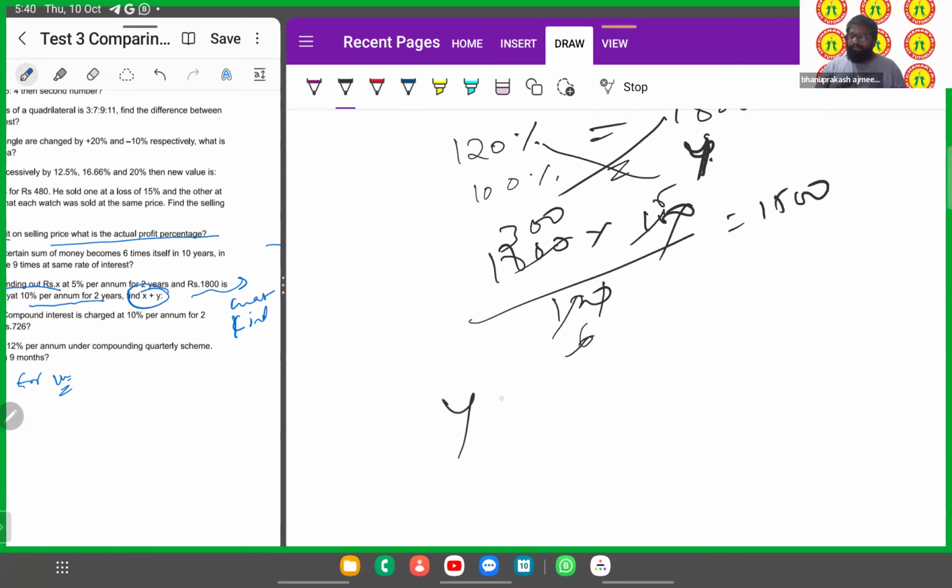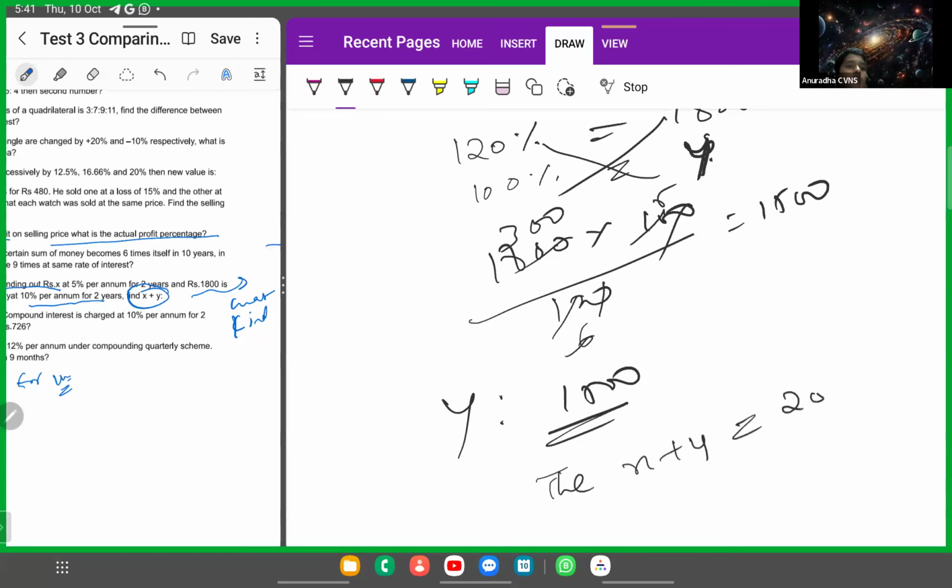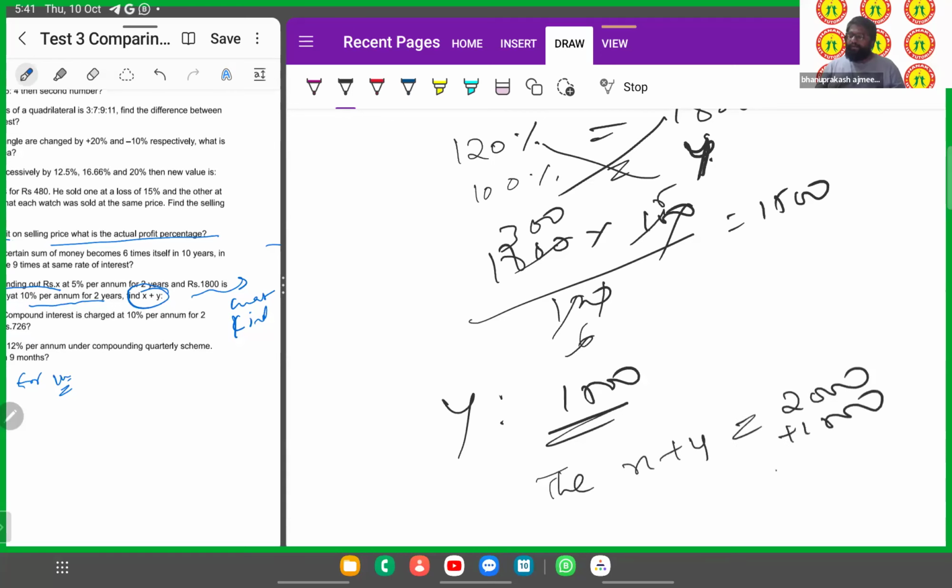So the Y amount is 1500, the amount the lender lent to the borrower. Now X plus Y is equal to 2000 plus 1500, which is 3500 rupees.